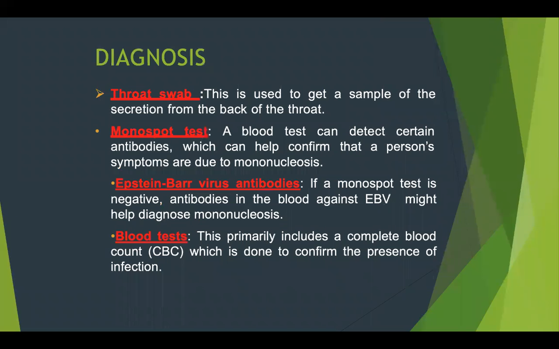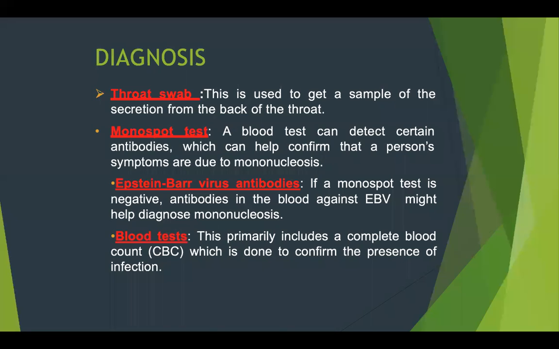Further, a throat swab has to be used. We get a sample of the secretion from the back of the throat. A monospot test, a blood test, can detect certain antibodies which can help confirm that a person's symptoms are due to mononucleosis, caused by Epstein-Barr virus.